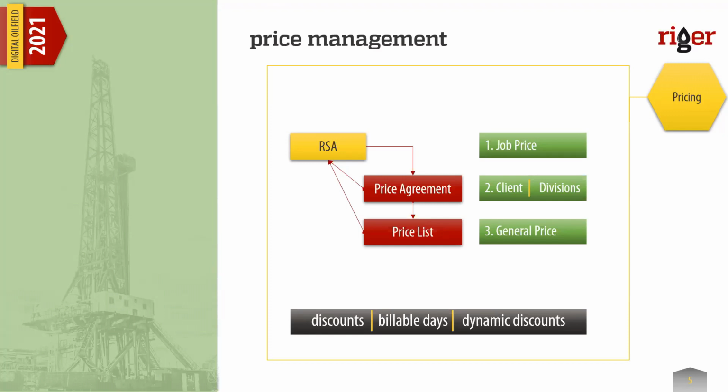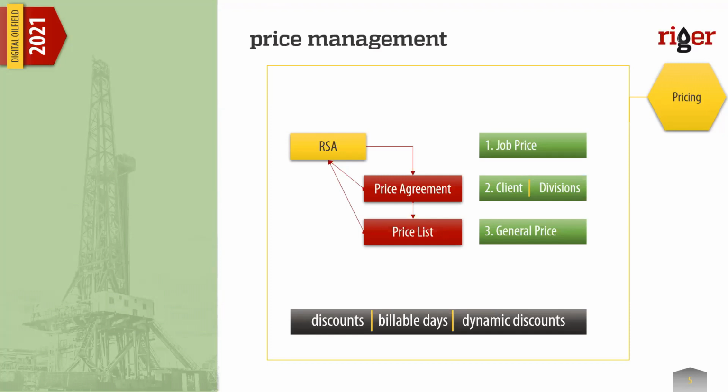Usually companies use the general price list, or the price book as it's sometimes called, in the oil field, where you set up the prices for all the services that you provide to customers, or rental equipment that you supply to your clients. Basically that's the general company-wide price list that is applied to all the customers that you interact with.